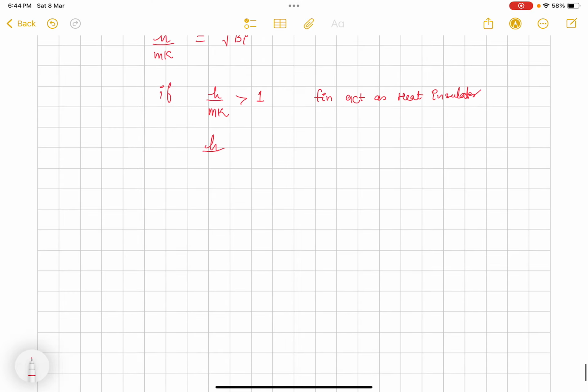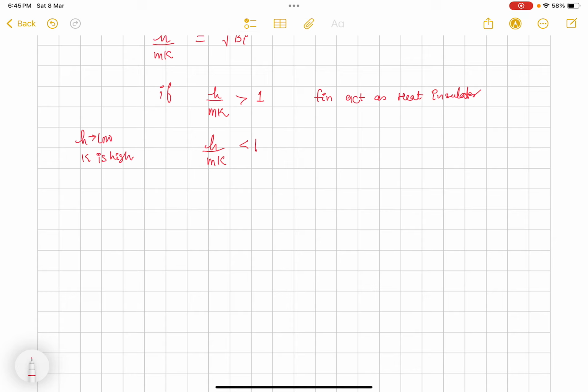And if h by mk is less than 1, that means h is low and k is high. In that case, if we add the fin, then it may give the advantage of increasing the heat transfer.